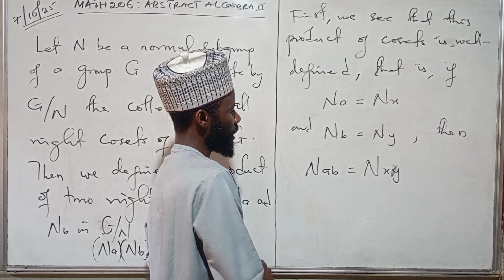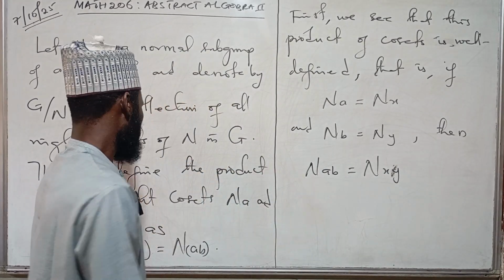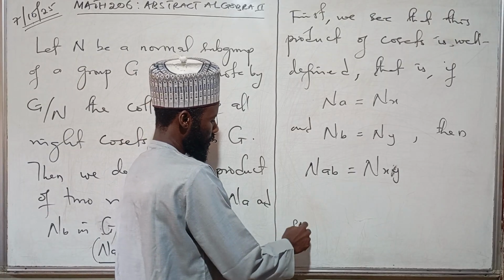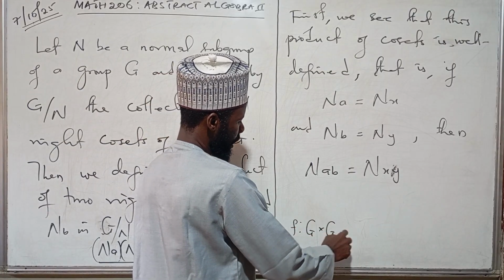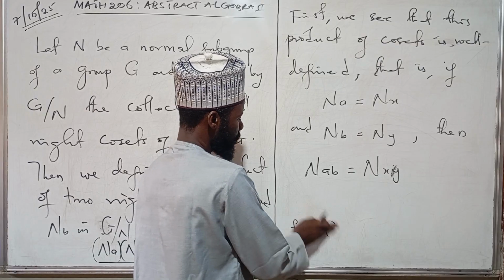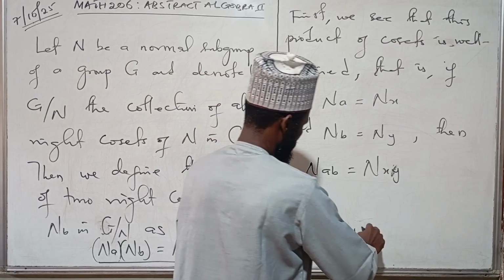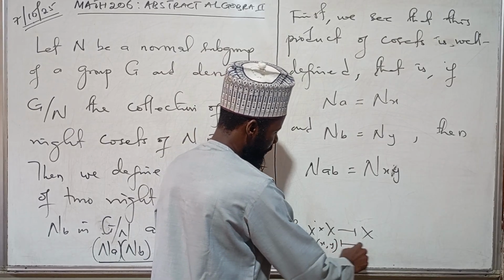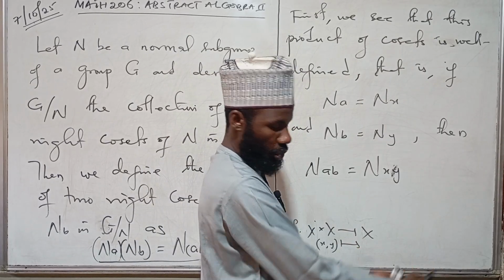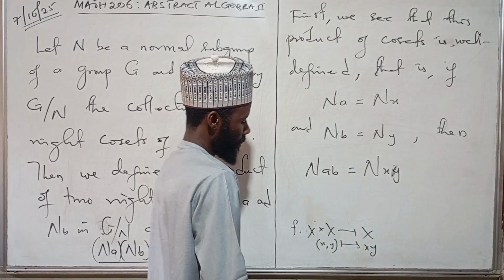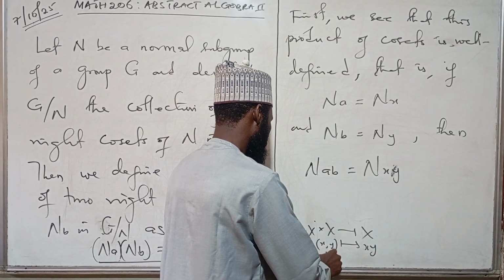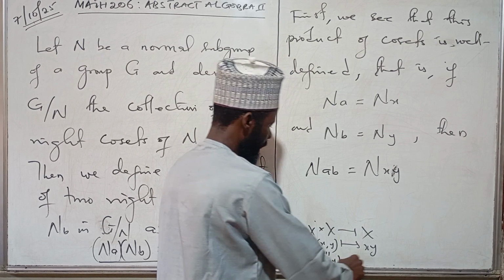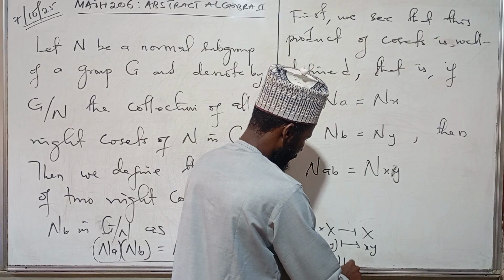But that means it's not well defined, because when we say a binary operation on a set X, it should be a map from X cross X to X. That means it is taking a pair (x, y) and mapping it to an output.